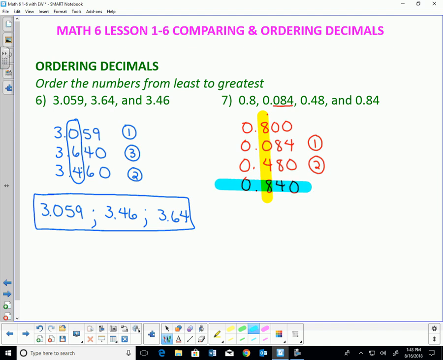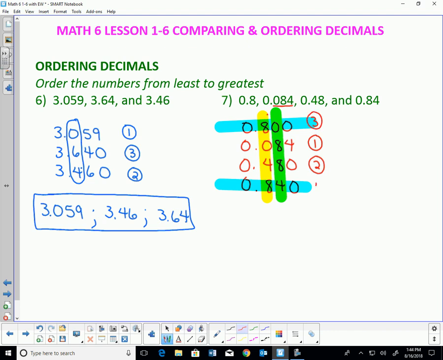So now I have to compare the next set of digits, which is the ones that I've highlighted in green. So out of the 2 that are highlighted in both blue and green, 4 is larger than 0. So 0.800 would be my third largest number, and then my very largest number is this number right there.